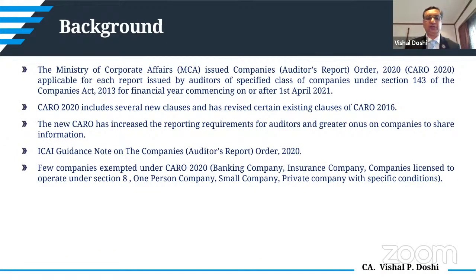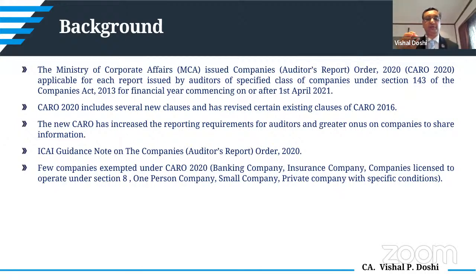The only thing over here, the rest I've already discussed, is that the Institute's guidance note on CARO 2020 is already available. It is in the public domain. So I would request you, just like you do for Schedule 3, Division 1, Division 2 and Division 3, please download the Institute's guidance note for CARO also. One more thing: the CARO guidance note has specific paragraphs with respect to the audit procedures under each clause.